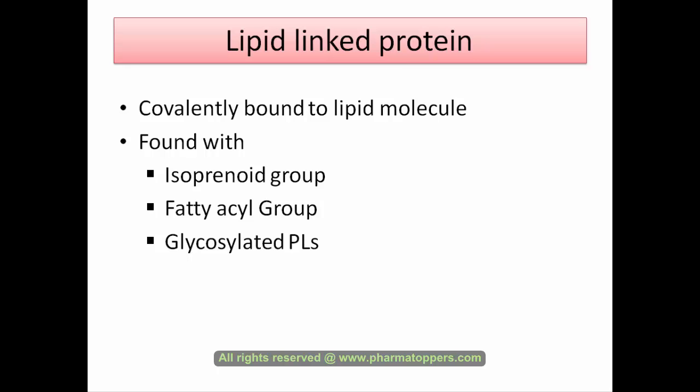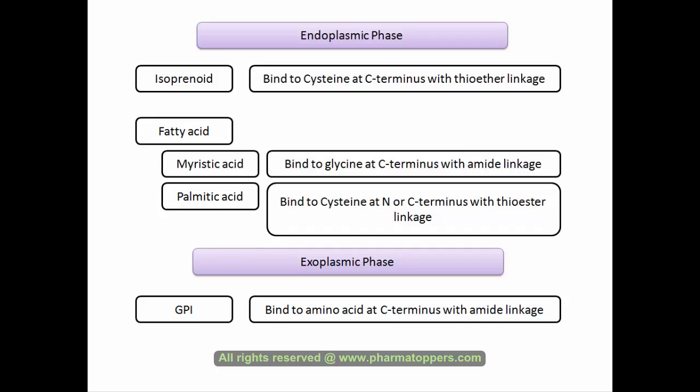In the case of myristic acid, it attaches to the glycine residue at the N terminus with an amide linkage, as you can see here. Palmitic acid binds to a cysteine residue at the N or C terminus with a thiol linkage. All of these, the isoprenoid and the two types of fatty acid, myristic and palmitic, are on the endoplasmic face.